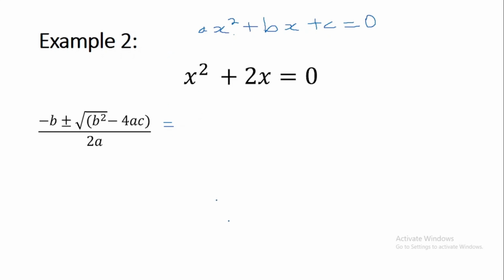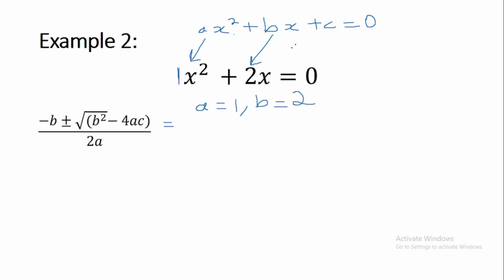Looking at my equation, I realize that my a, meaning the coefficient, the number in front of my x squared, is going to be 1, because whenever I see x by itself, I know that the coefficient is always 1. My b is going to be equal to 2, because that is the coefficient for our x term.